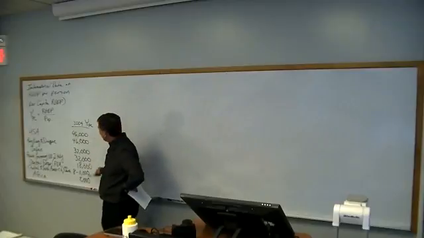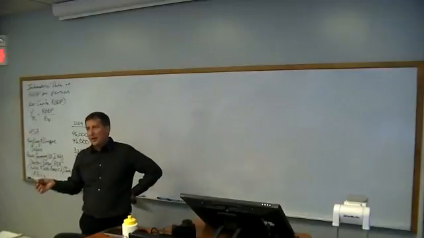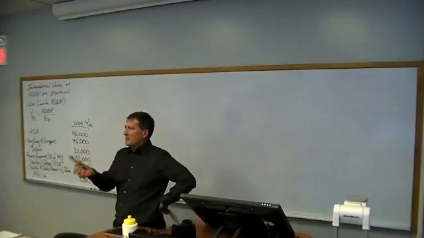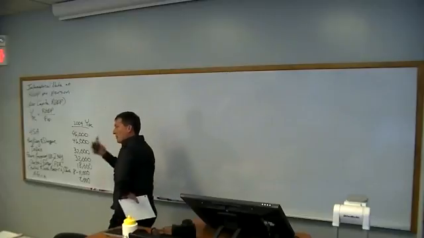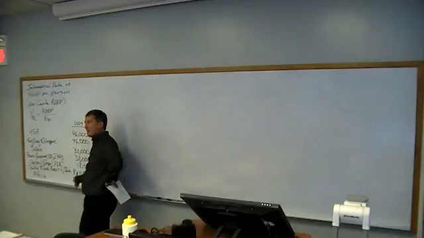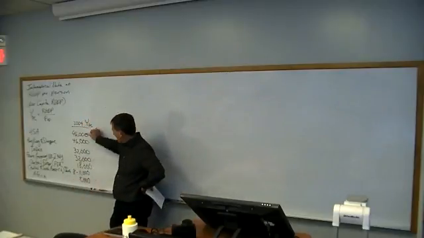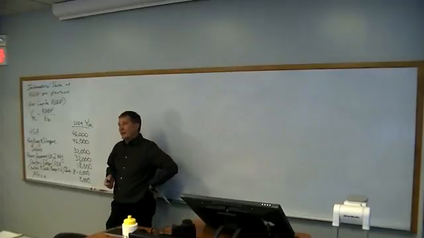These numbers have been adjusted for something called purchasing power parity. They at least mentioned it in your textbook, PPP. So purchasing power has been adjusted for with these numbers. So it's okay to think about it that way in terms of income.